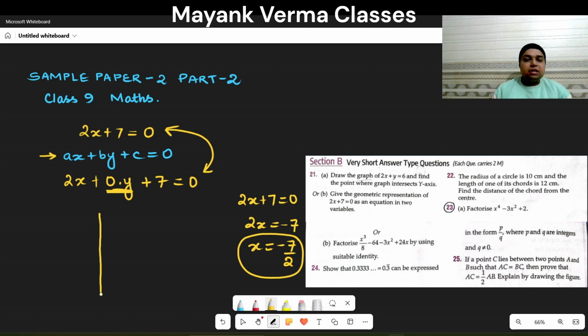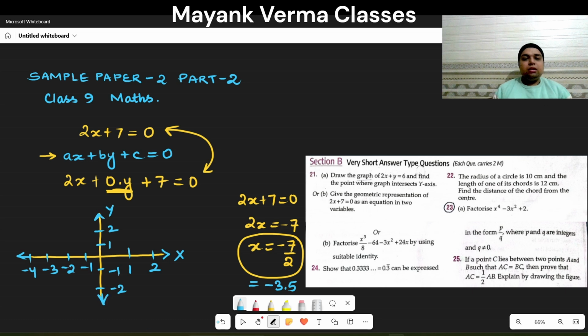So we will draw the graph here. The value of minus 7 by 2 is minus 3.5. So we will mark minus 1, minus 2, minus 3, minus 4, and 1, 2 on the other side. This is the x-axis, this is the y-axis.